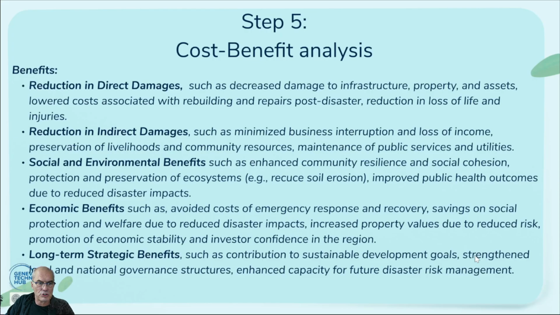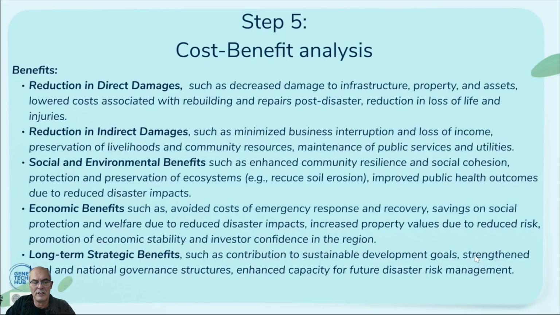We have the social environmental benefit, for example, enhanced community resilience, all factors that are very difficult to quantify but need to be considered in the decision-taking process. Economic benefit and the long-term strategy benefit, such as a contribution to sustainable development.